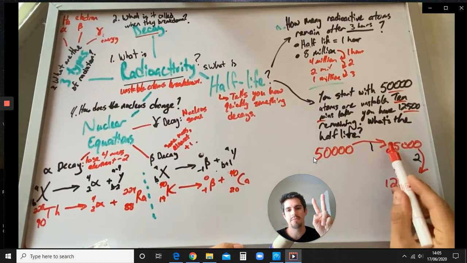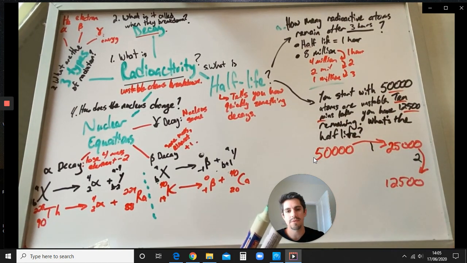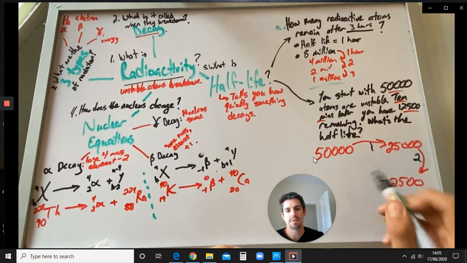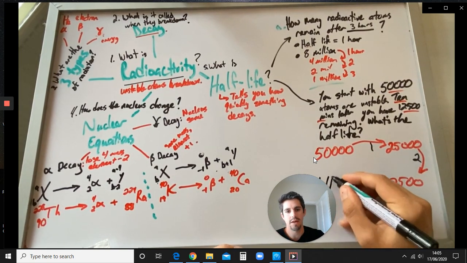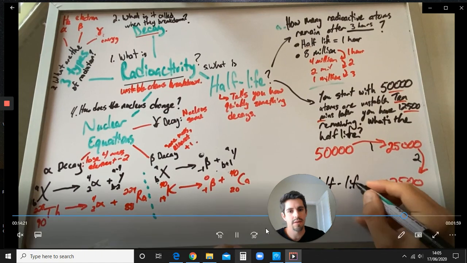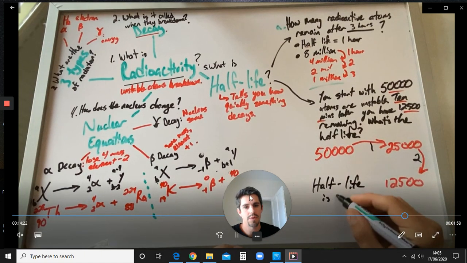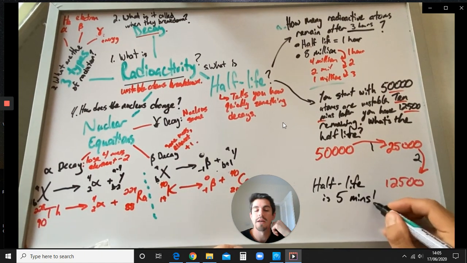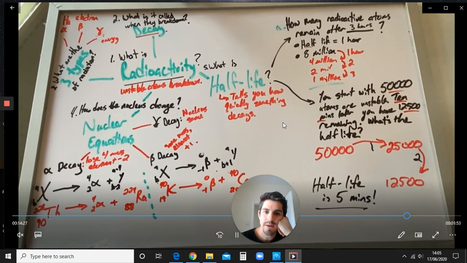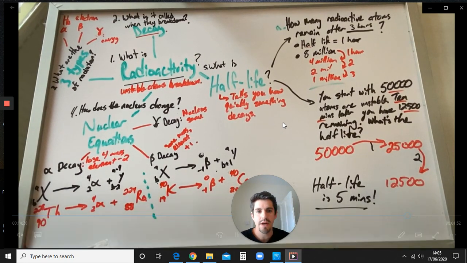That took 10 minutes total. So each half-life was the same amount of time passing. That's basically 10 minutes cut in half, that's 5 minutes as your half-life. So your half-life is 5 minutes for this one.